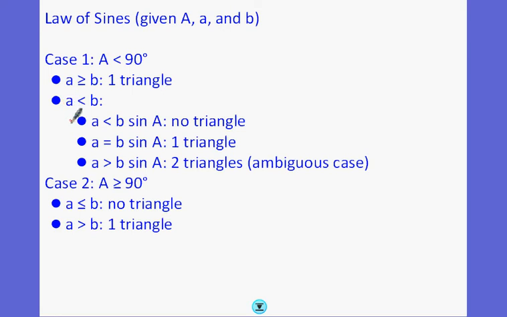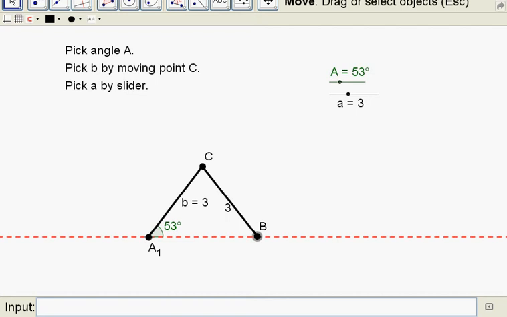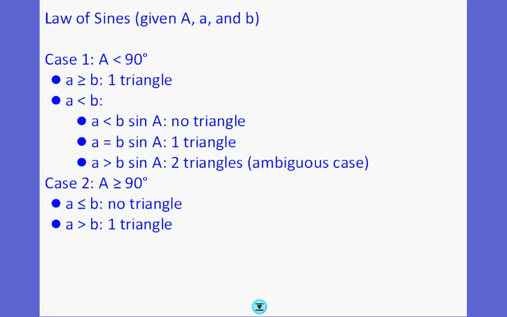Now I've got several situations where A is less than B. And we start at that point considering what B sine A is. In our example here, B is 3 and angle A is 53 degrees. So let's see what that is. B sine A in our example is going to be equal to 3 sine 53.